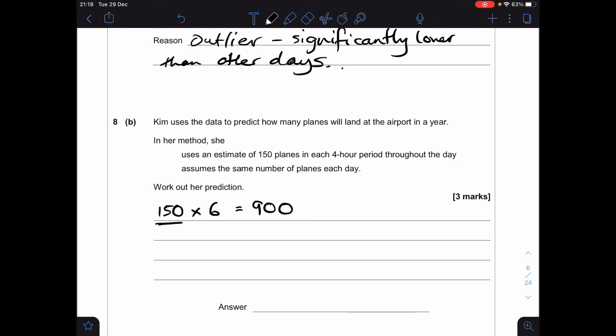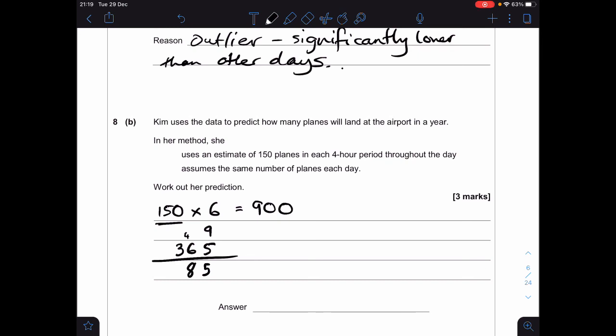But what I'll do here is I'll do 9 multiplied by 365. Once we get that answer, then we can multiply by 100. It's the same as multiplying by 900. It just keeps the calculations a bit easier. So 9 times 5 is 45. So I'll put the 4 here. 9 times 6 is 54 plus the 4. So it's 58.